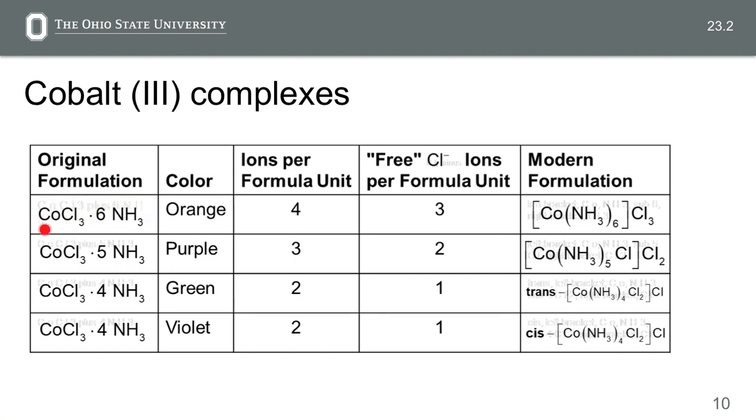So cobalt, 3 chlorine times 6 ammonia, and that was an orange thing, okay? And then you change it to have 5 ammonia instead of 6, and it changes color, now it's purple. And if you go down to 4 ammonia, green, but then there were 2 compounds that had 4 ammonia, and one was green and one was violet, okay?